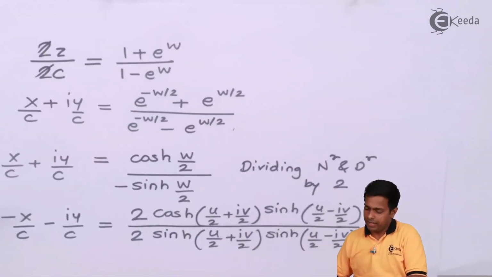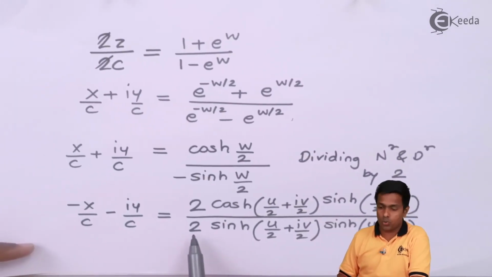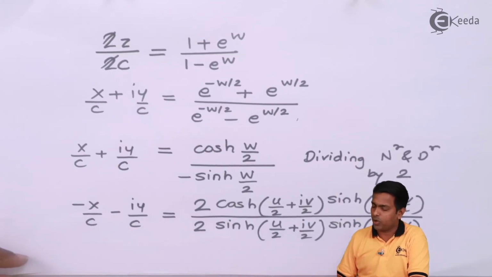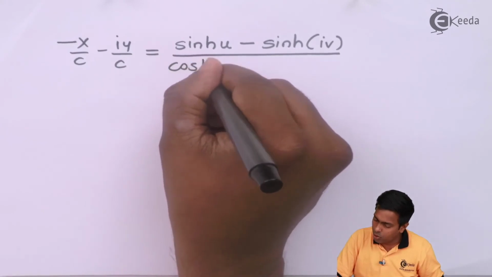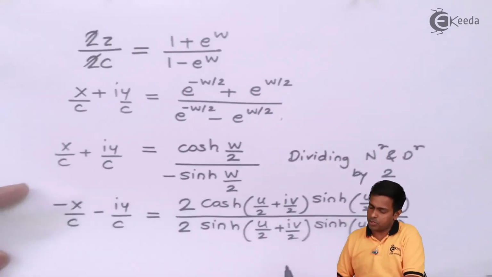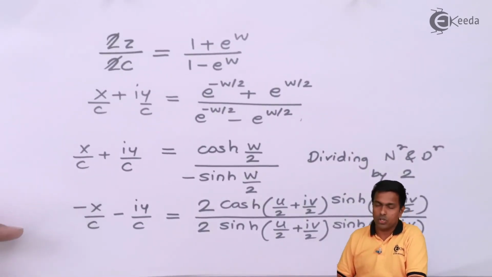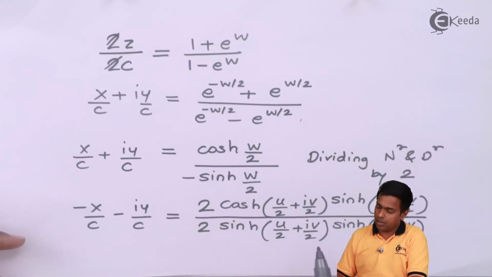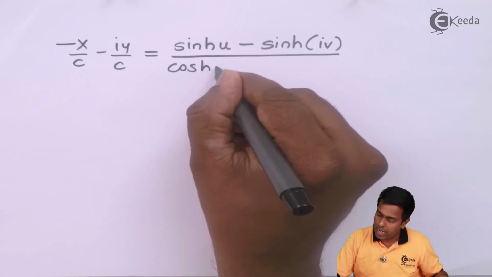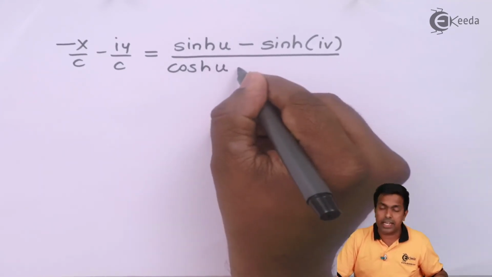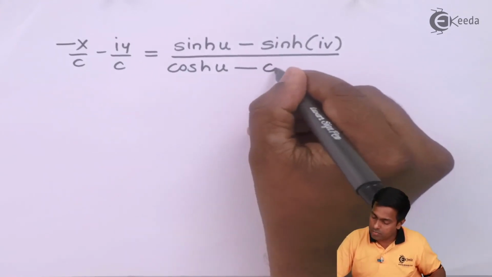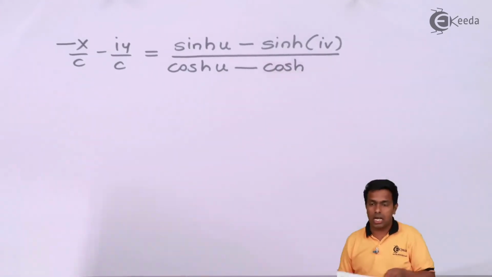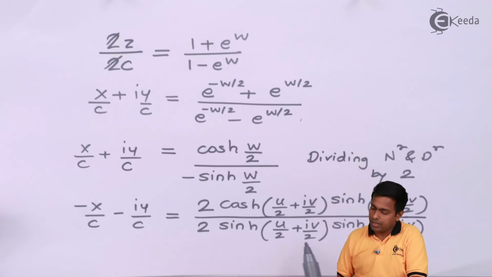Next, in the denominator, we have 2 hyperbolic sine a into hyperbolic sine b. So that will be hyperbolic cos of a plus b. If I add these two values, we will get u. So we will write this u as it is. Next, middle sign is minus. Then we have again the cos term. So hyperbolic cos, and then we'll subtract this.